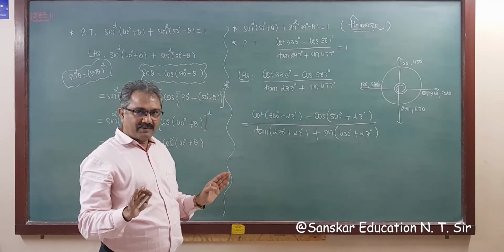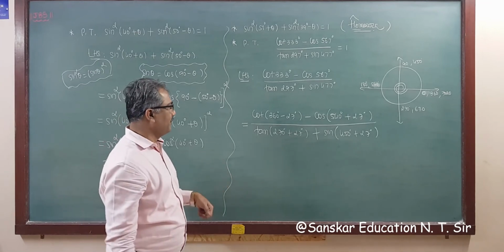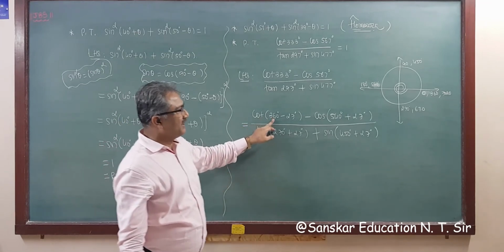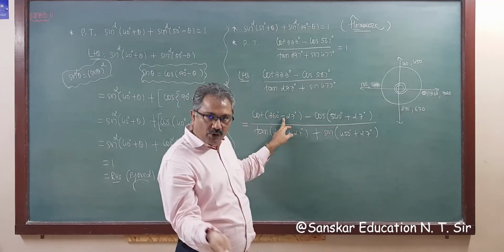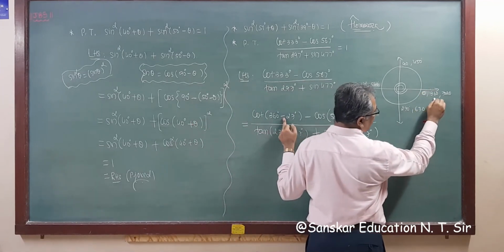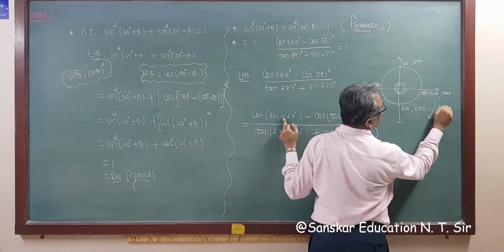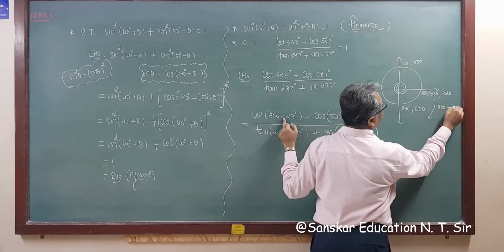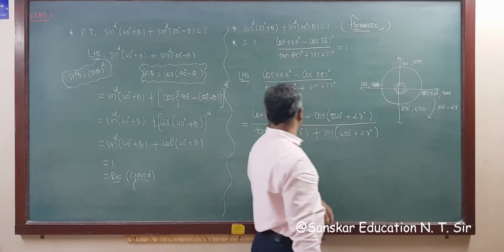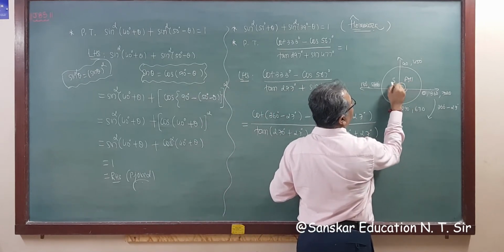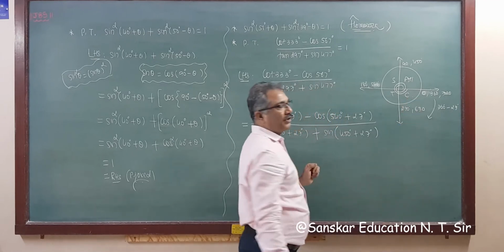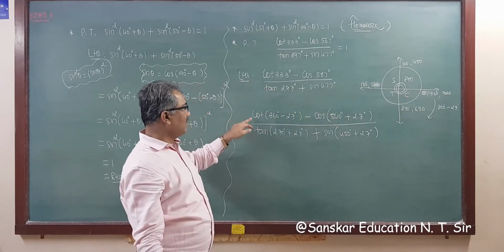Any problem? Okay, fine. Now, cot 360 is here, and minus means fourth quadrant. So this is 360 minus 27 in the fourth quadrant. All Sin Tan Cos. In the fourth quadrant, cos and sec only are positive.